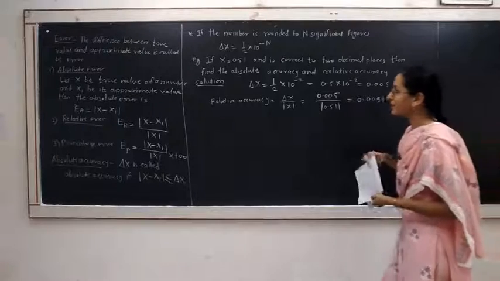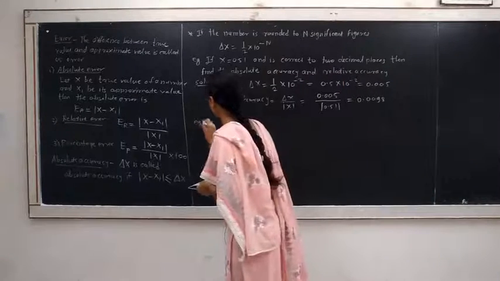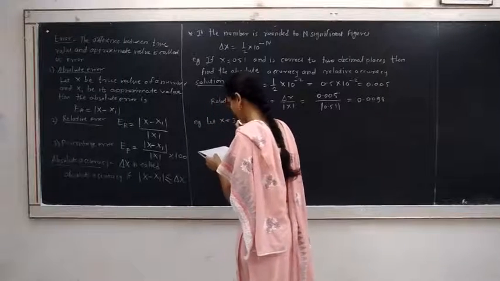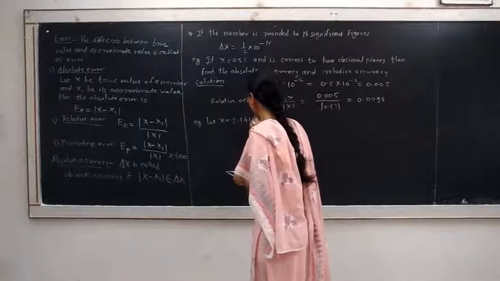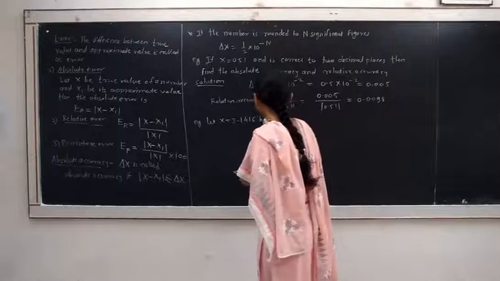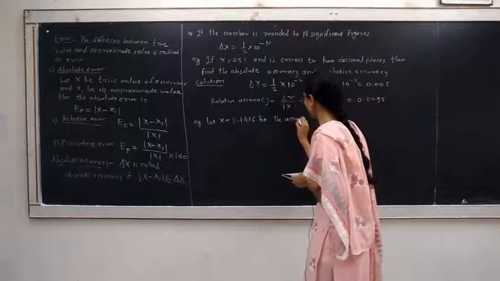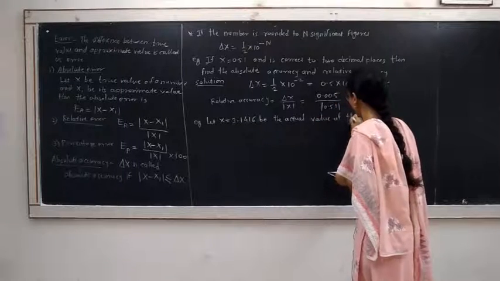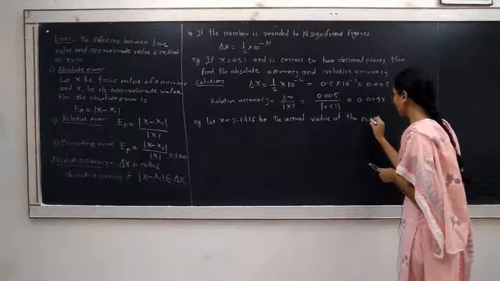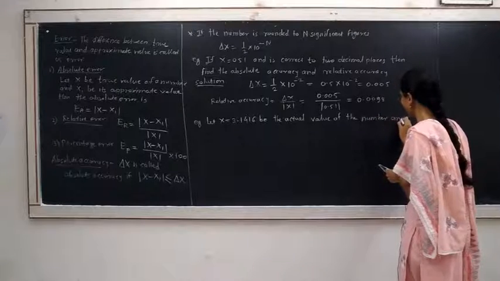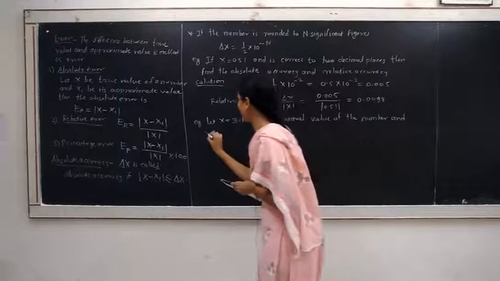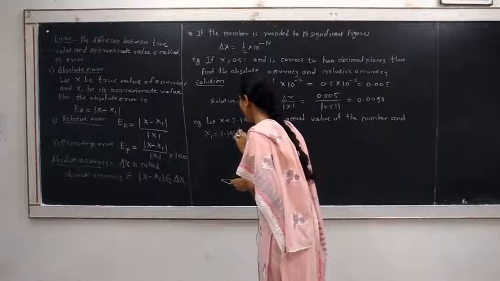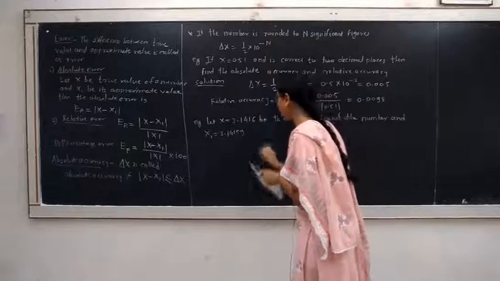Okay, the next example is, let x is equal to 3.1416 be the actual value of the number, and x1 is equal to 3.14159 be the approximate value of the number pi.